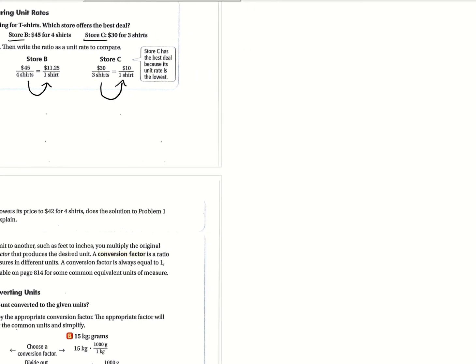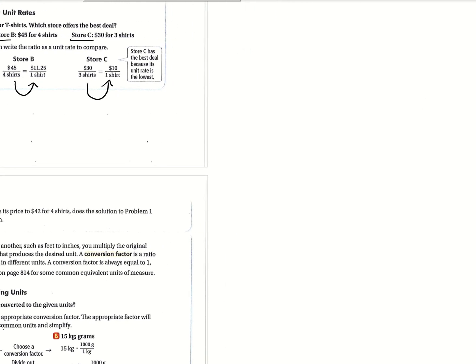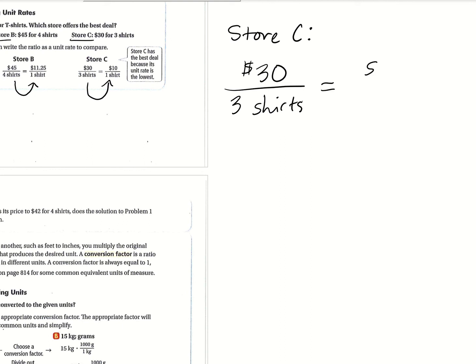Actually, I'll show you on C because that one's the easiest computation. So for store C, just so you can get a good grasp of what they're doing, all they're doing is simplifying, right? So they start with $30 over 3 shirts. All right, and then they do that 30 divided by 3. And 30 divided by 3 is 10.